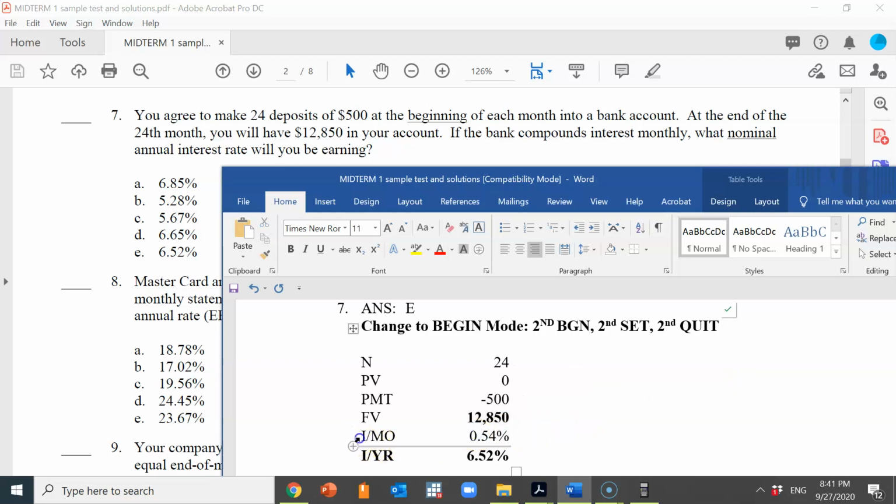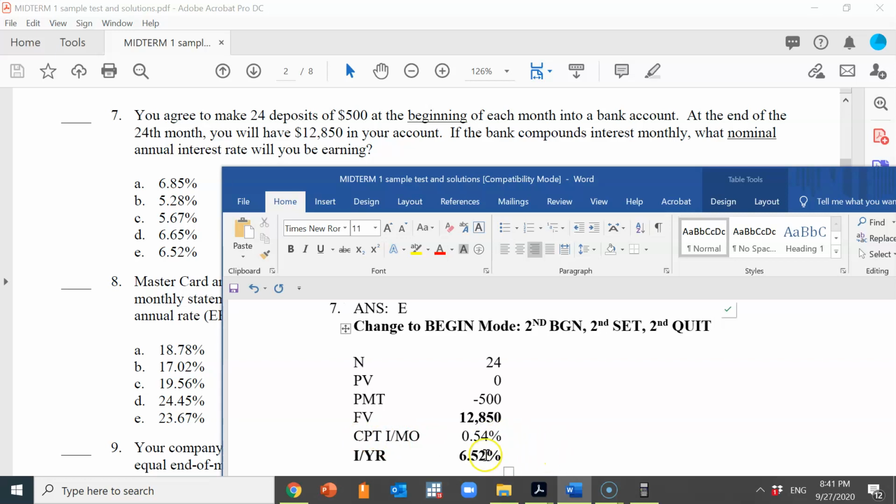And then the I/Y, the monthly rate, would be something you are calculating for. We compute for the interest rate per month. It's still the I/Y button, but it means interest rate per month.